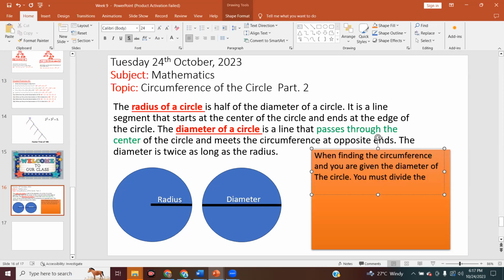You must divide the diameter by what? By what? By 2. By 2. Very good. By 2 in order to use the formula.